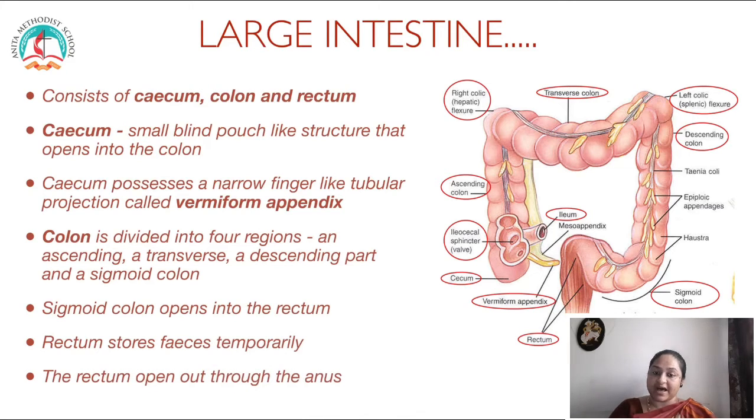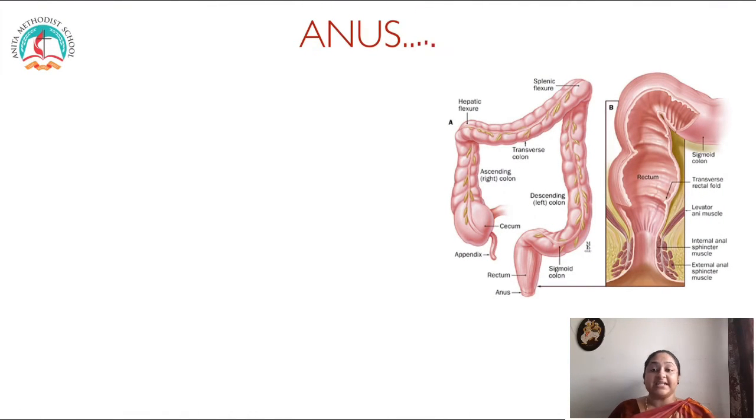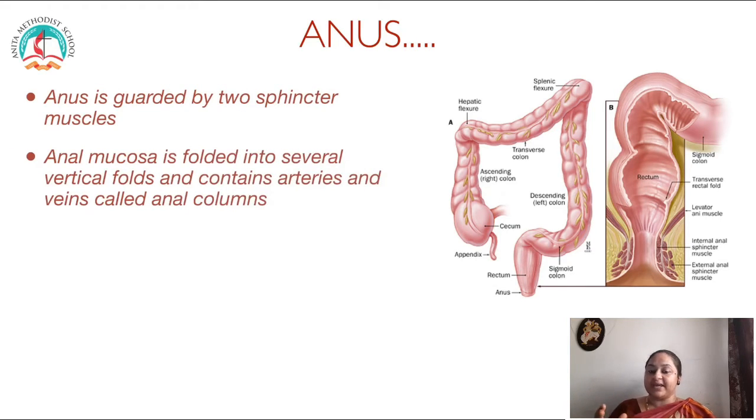Anal mucosa is folded into several vertical folds and contains arteries and veins called anal columns. Anal columns may get enlarged and cause piles and hemorrhoids if there is a problem excreting the waste.